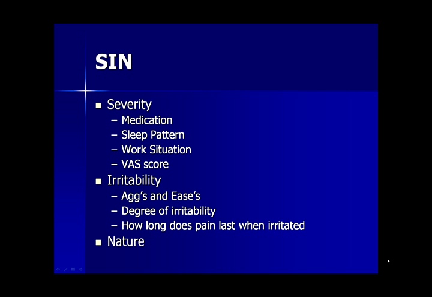This will guide you with regards to what tests, special tests particularly, you will do in the objective assessment. So at the end of the subjective assessment, you will need to consider for every patient their severity, their irritability and their nature. And as a result of this, you will be guided as to how much you will then be able to push the patient in their objective examination.